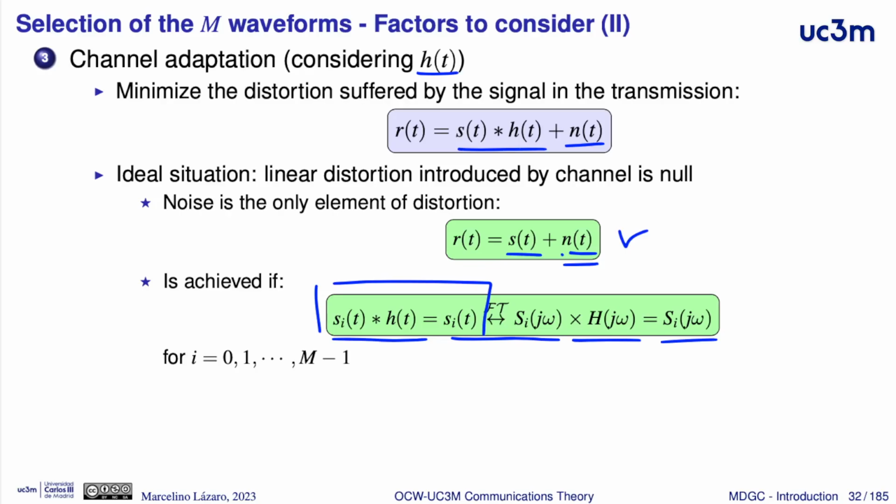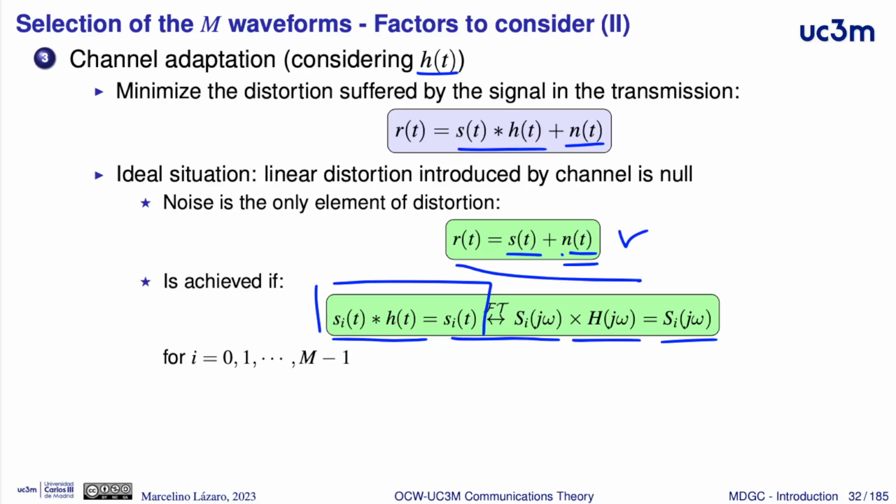But this is equivalent to saying that the convolution of every signal with the impulse response of the channel must be equal to the signal itself. In this case, at the receiver, we'll have just the transmitted signal plus noise. These are the main three factors that must be taken into account in the selection of the M waveforms.